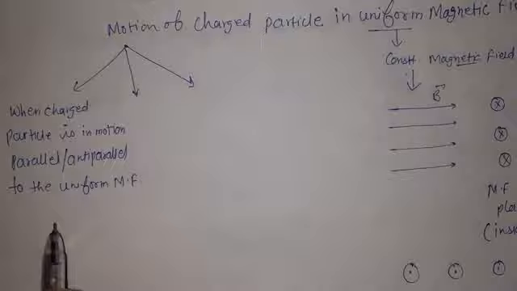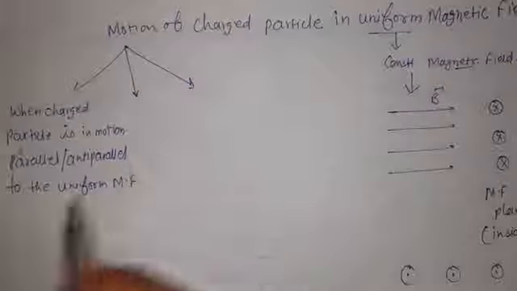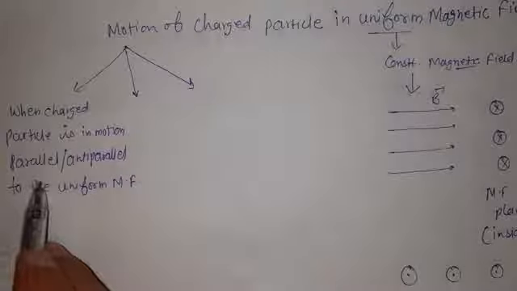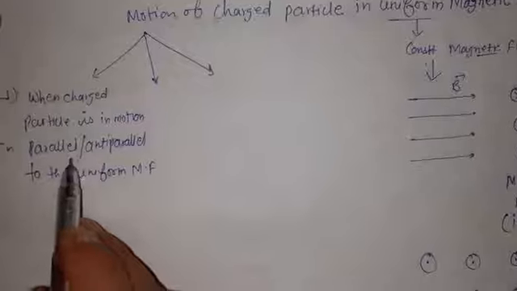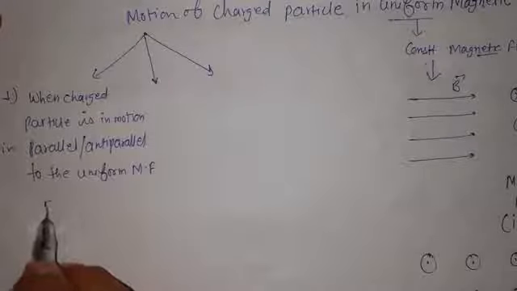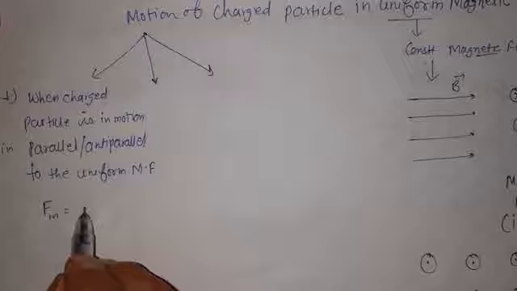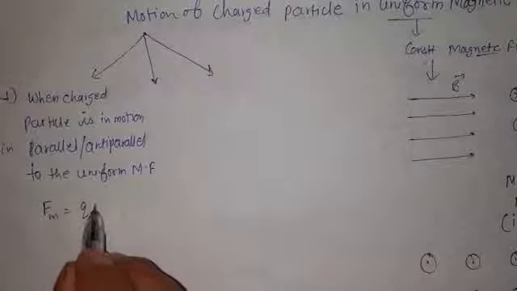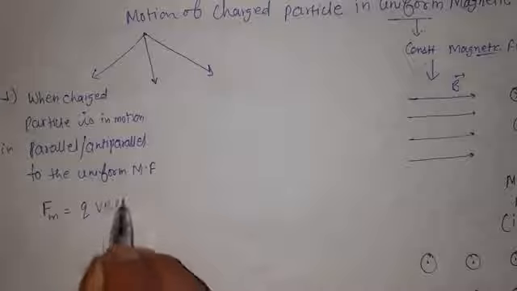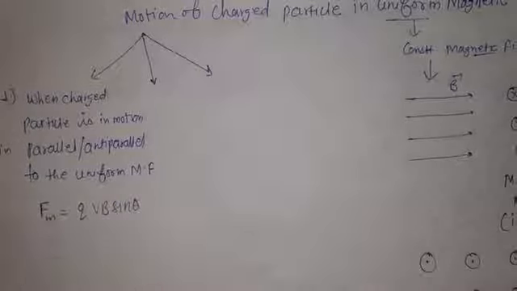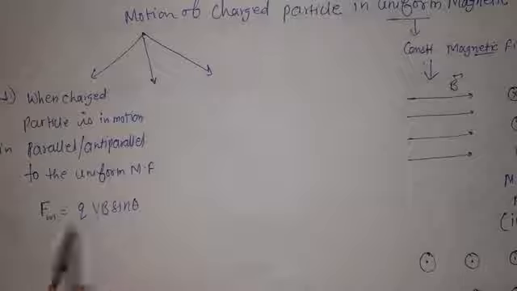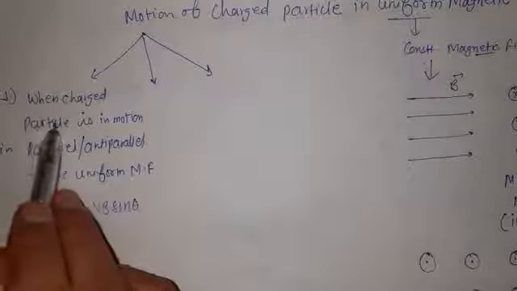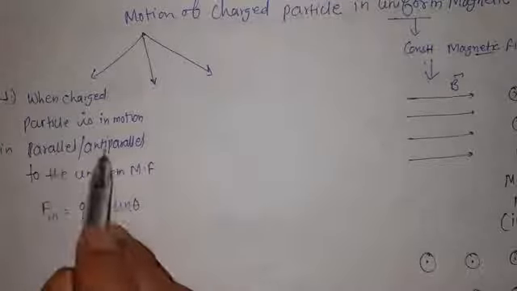Next, we will say what the motion will be in this case. As we know, the magnetic force exerted by the magnetic field on the moving charge is given as q v B sine theta. This is the magnetic force. Now, how is this charge moving in this magnetic field?